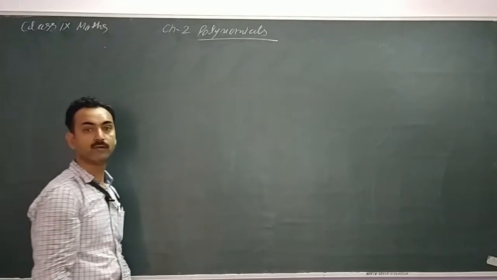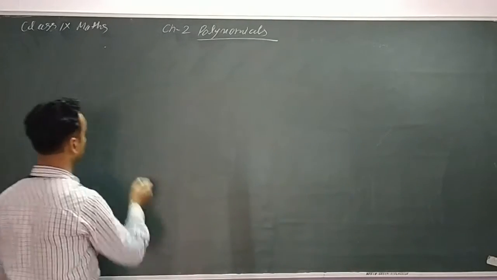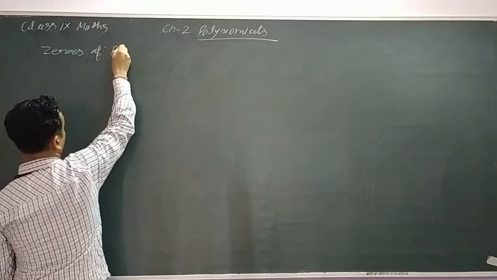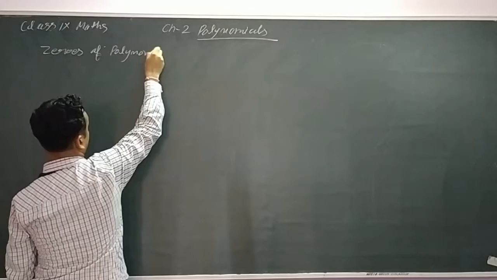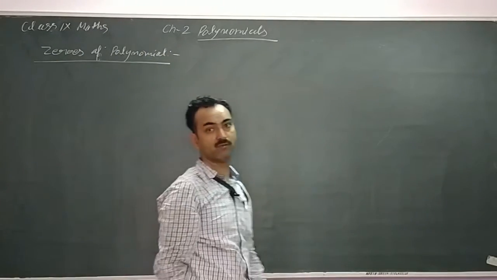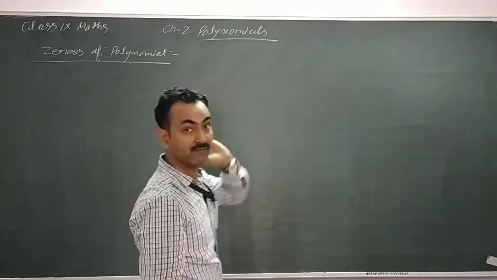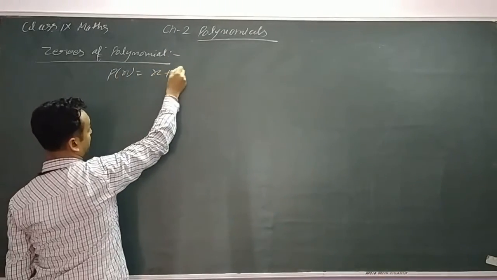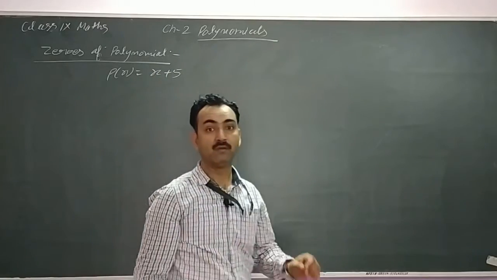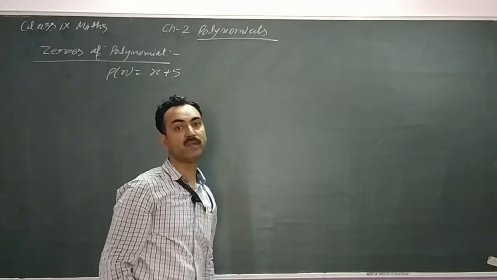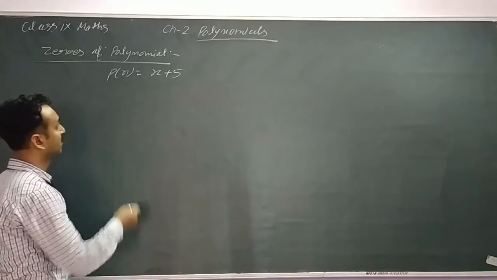Now we will go forward. Next topic, zeros of polynomials. What is meant by zeros of a polynomial? If there is a polynomial like p(x) = x + 5, the value of the variable which makes the given polynomial equal to 0.